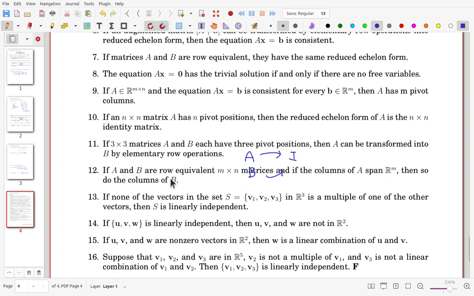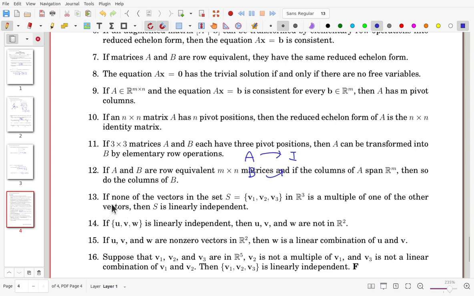Row equivalent means that if they reach echelon form, the pivot positions must be the same. So again, B should have m pivot positions. So it's true.